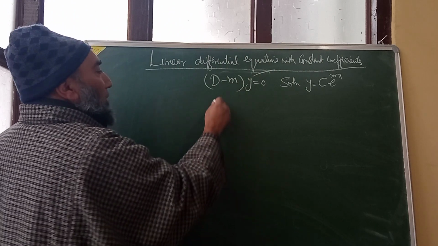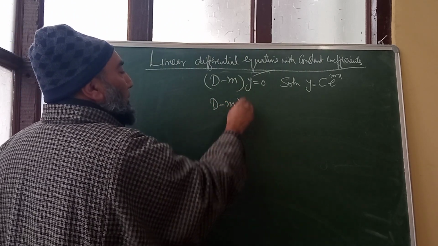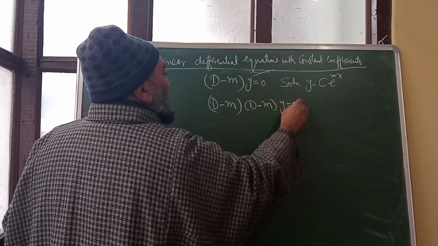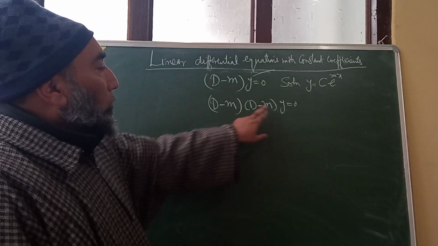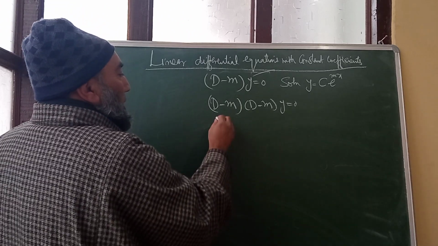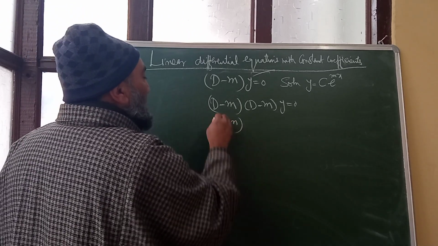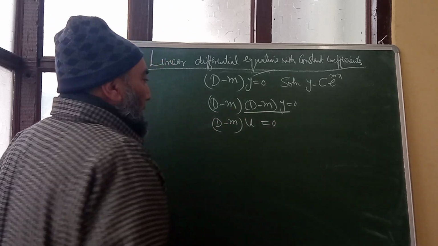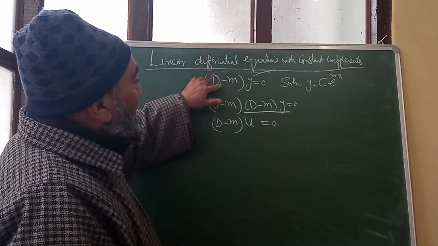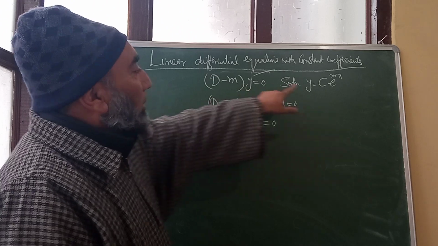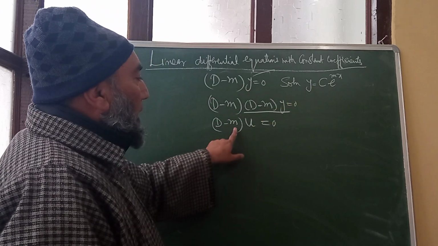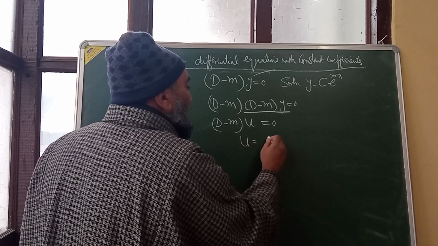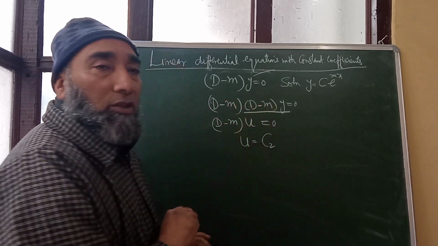Now, if I have two repeated factors, (D minus m) squared operating on y equals 0, let me suppose that (D minus m) operating on y is equal to u. Then, as per this, (D minus m) operating on y gives u, so this is (D minus m) operating on u equals 0. What is the solution? u equals constant times e to the power mx, let me write that constant c2.